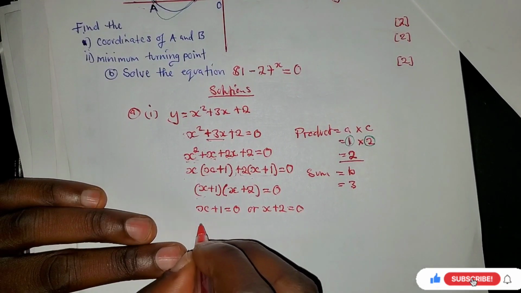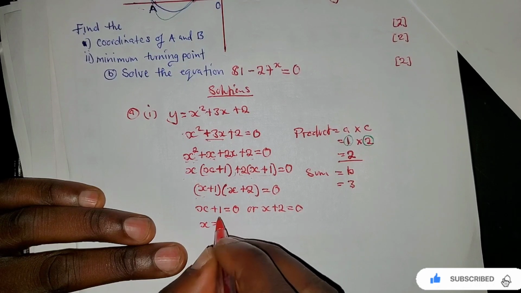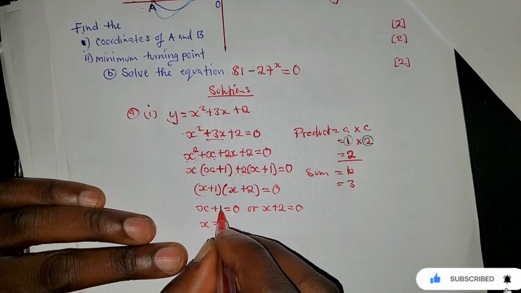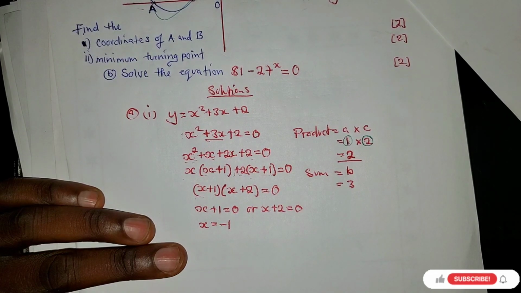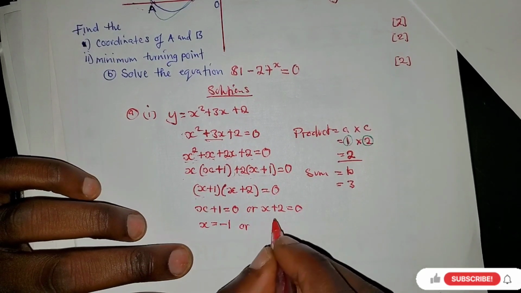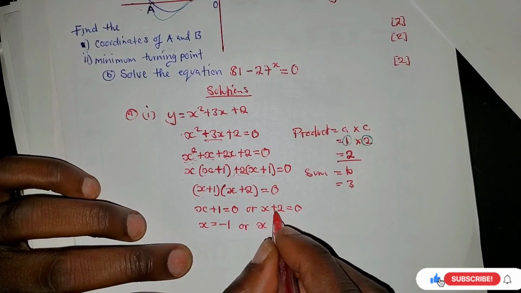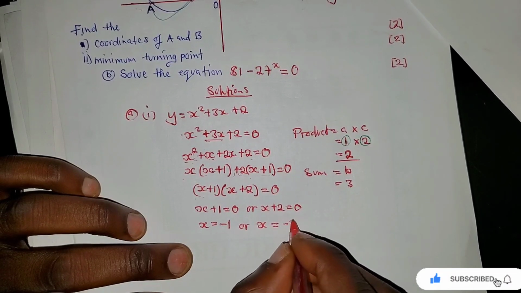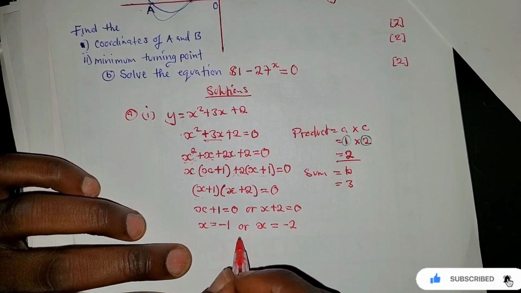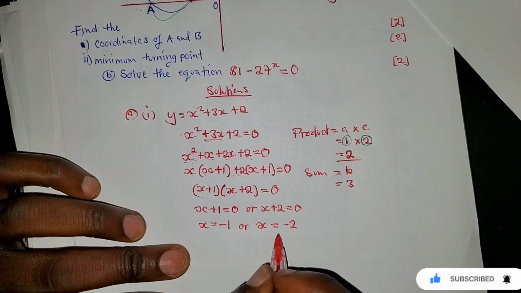Then solve for x. X is equal to, when my positive 1 crosses the equal sign, it becomes negative 1. Or when this positive 2 crosses the equal sign, it becomes negative 2. So we have 2 answers, negative 1 and negative 2.